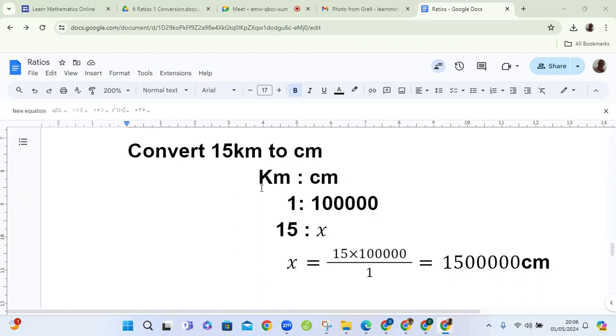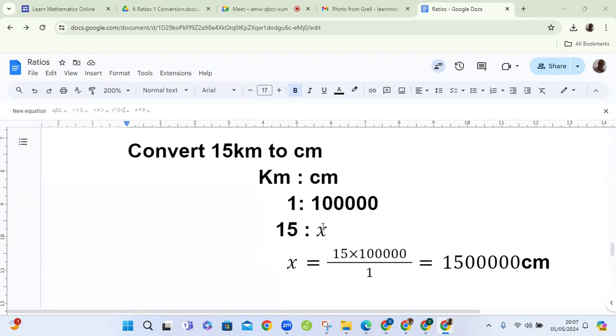So we start with our labeling ratio, kilometers to centimeters. Our complete ratio is 1 kilometer will give you 100,000 centimeters, so 1 to 100,000. Now the incomplete ratio is the problem, which is the 15. The 15 will come under kilometers, and we want to convert 15 to centimeters, so X will come under centimeters.